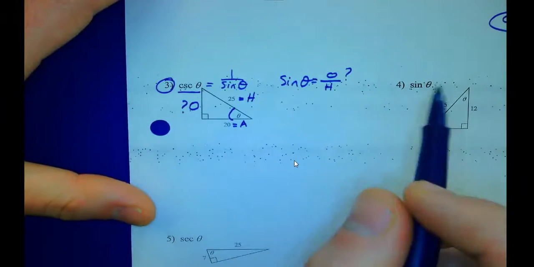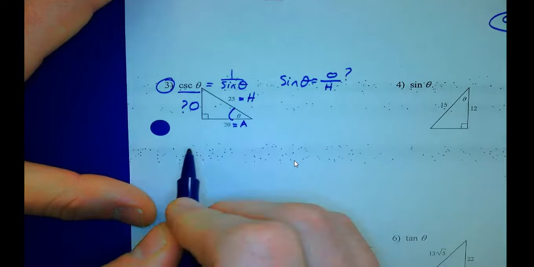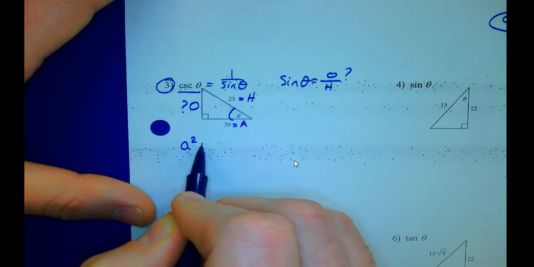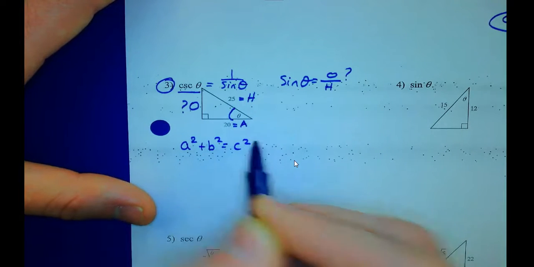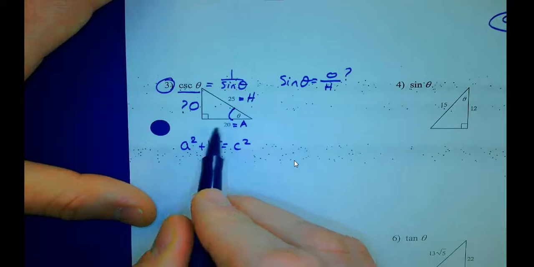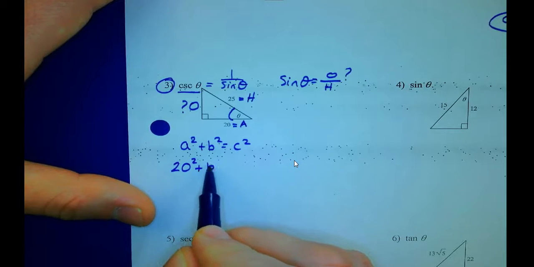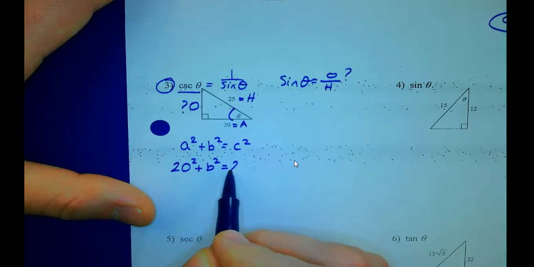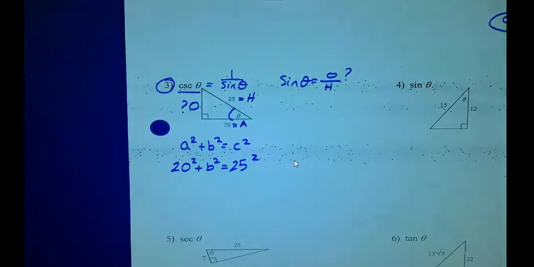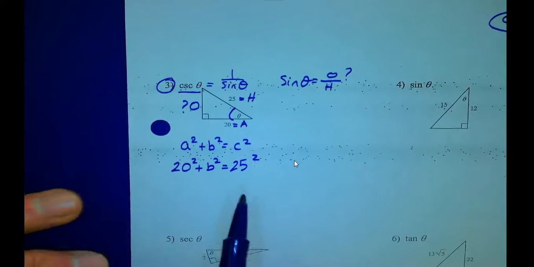So what we have to do here is use the Pythagorean theorem in order to find that third side. A squared plus b squared equals c squared. You can put in 20 for a, so 20 squared plus b squared, which is our opposite side, equals 25 squared. Okay? You have to make sure that you remember that the hypotenuse is always c.